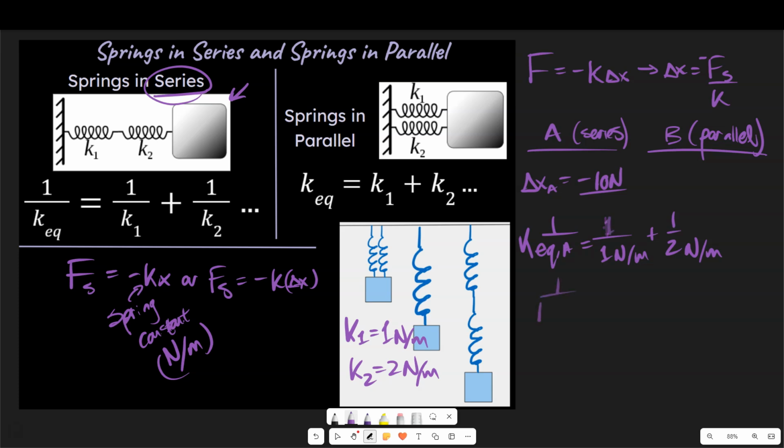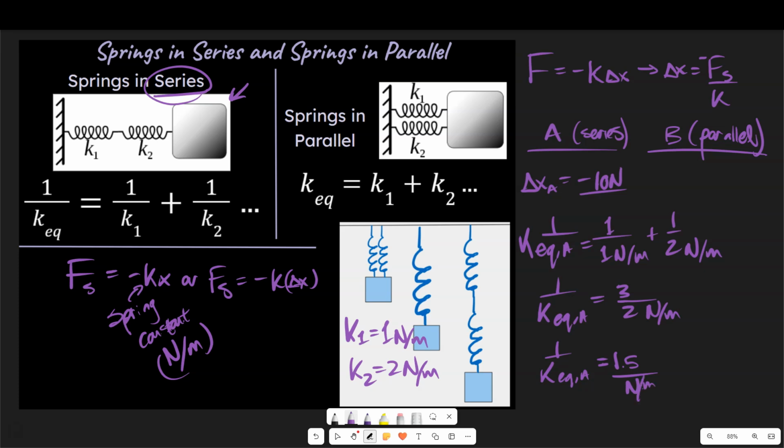And if you do the math here, the answer is not 1.5. It is 3/2 over newtons per meter. And notice that's 1 over our answer. So we could say 1 over K equivalent for A is equal to 1.5 over newtons per meter.